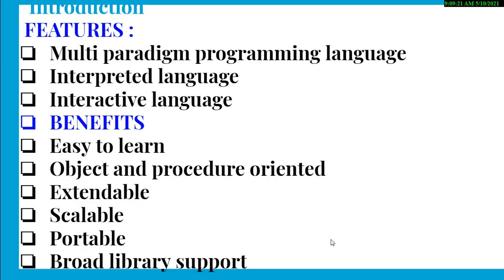Portable. The next one is portable. Since Python is an interpreted language, the programmer does not have to worry about all the steps and procedures. This helps in portability. Portable means you can execute directly from the source code, or you can copy it from any other machine and still execute it.